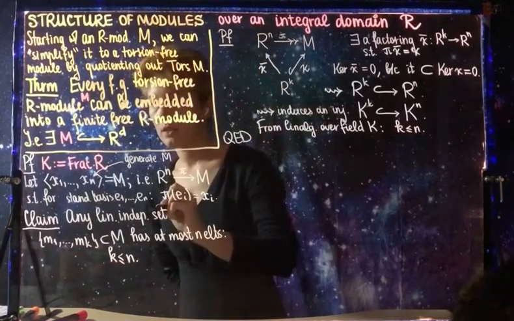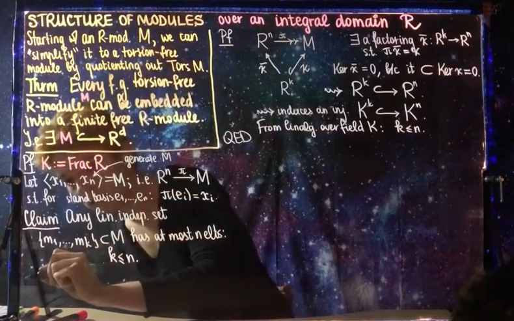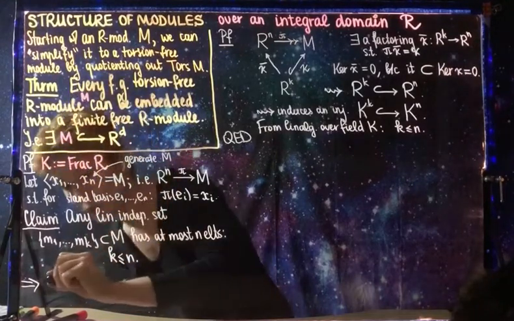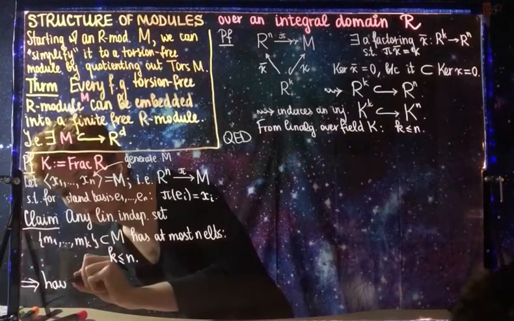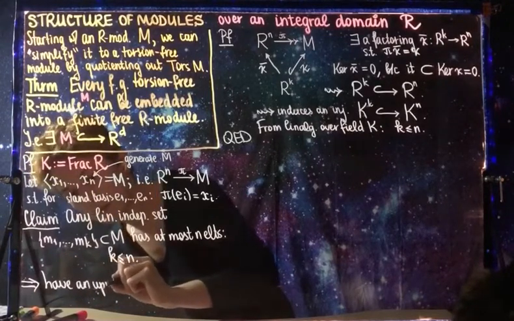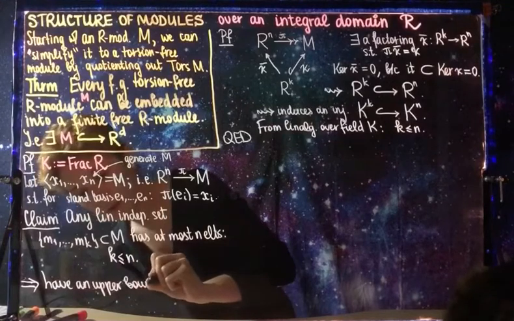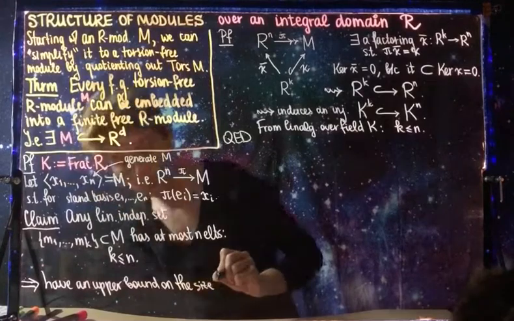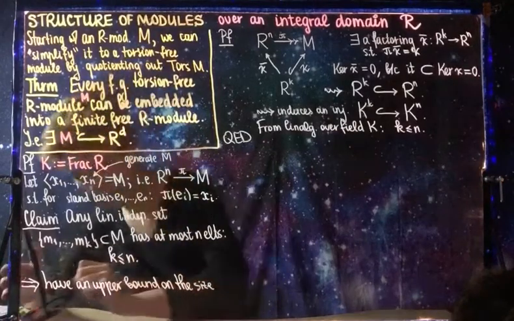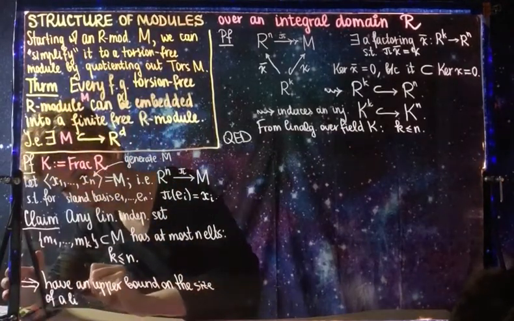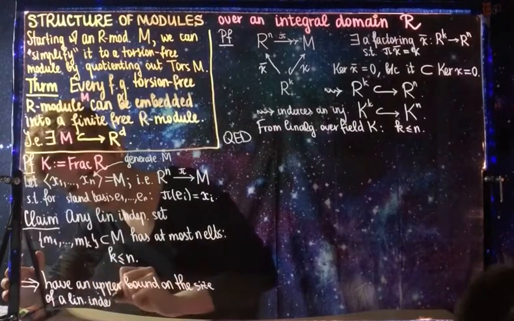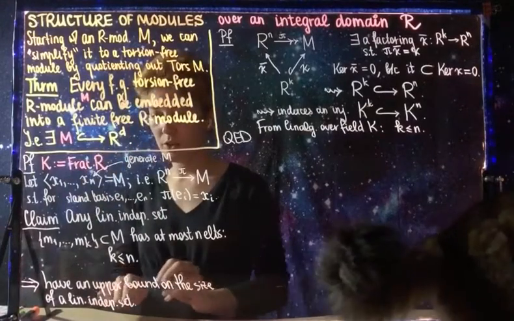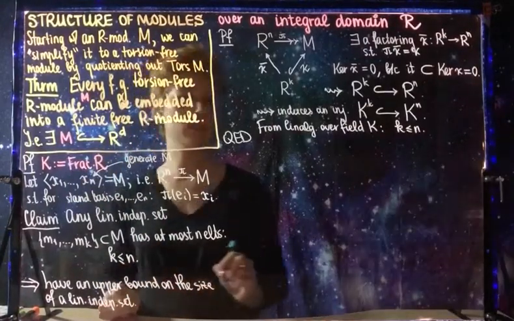From the claim it follows that we have an upper bound on the size of a linearly independent set. Namely, any linearly independent set has at most n elements.